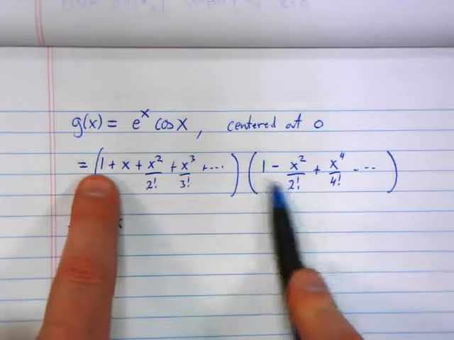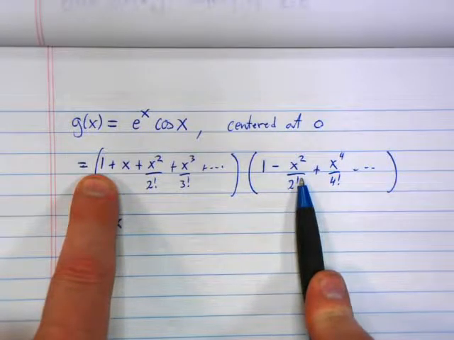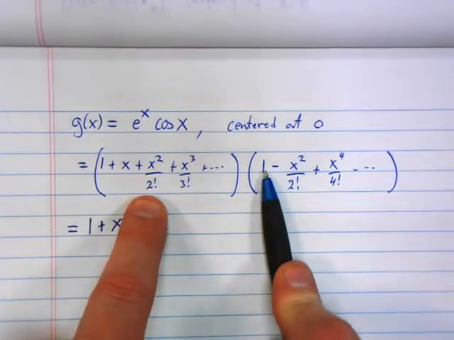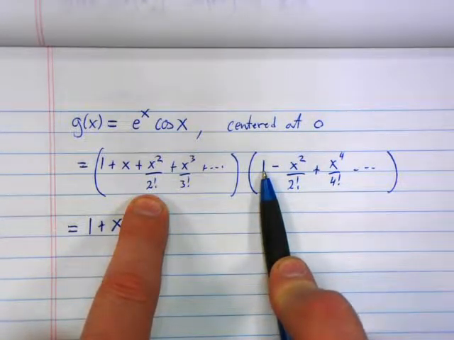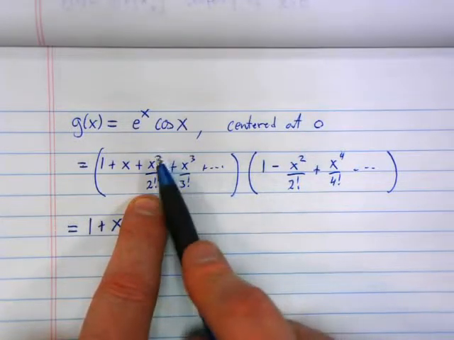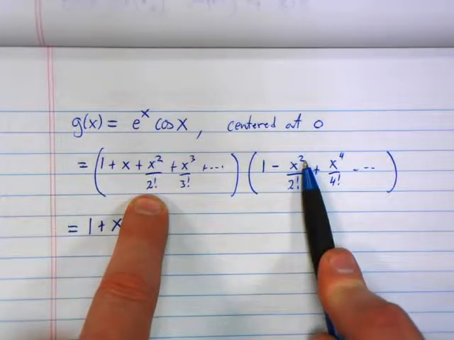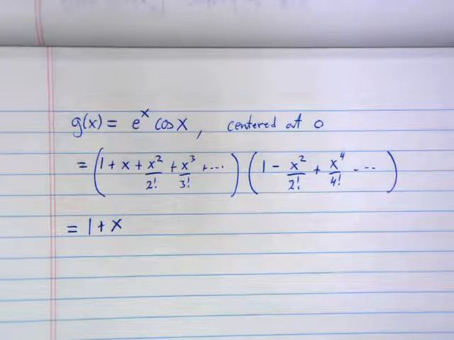They cancel, because this is a minus x squared over 2 factorial and this is a plus x squared over 2 factorial. So we're not going to have any x squareds. Those cancel out. The x terms multiply by themselves, but x times x squared gives me an x cubed, and x squared times x squared gives me an x to the 4th. So that won't give me an x squared term, will it? So there's not going to be any x squareds.